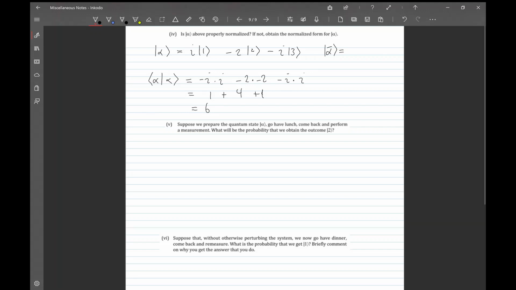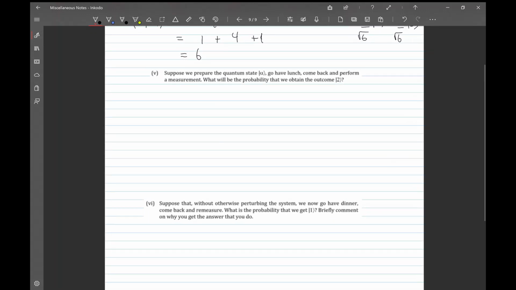Okay, so that is I on root 6, 1, 2 on root 6, 2, minus I on root 6, 3. Now the inner product of alpha bar with itself is going to be 1. So this is a normalized form for alpha. And we know that normalized vectors, vectors with size 1, are states in quantum mechanics.